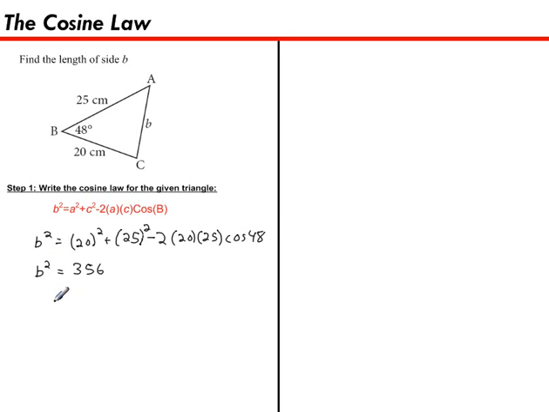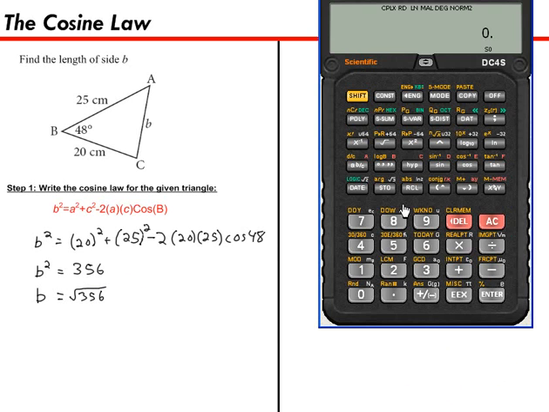Now from here, we just need to solve for b. And since b is being squared, we'll do the opposite of that, which is take the square root. So we'll say b is equal to the square root of 356. This step will require my calculator as well. So I'll bring that in again. I'm looking for the square root button, and I'll hit that once, and type in my number, 356.